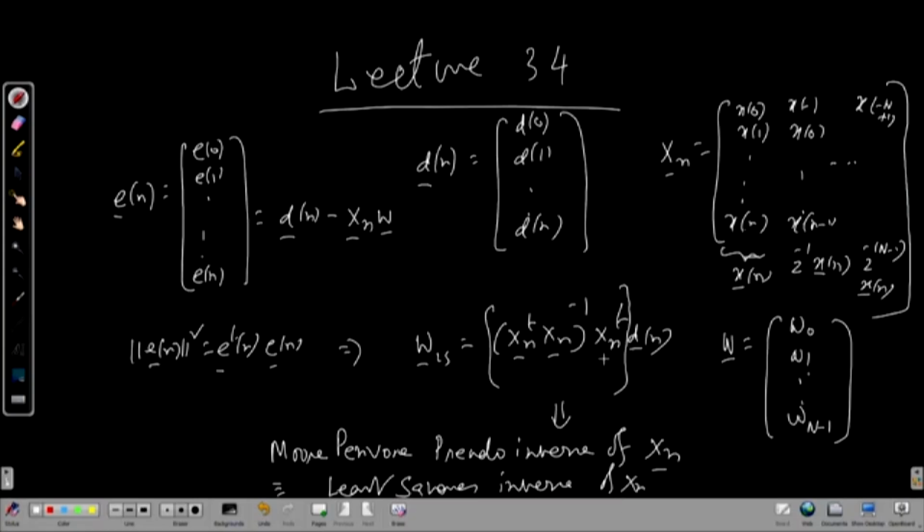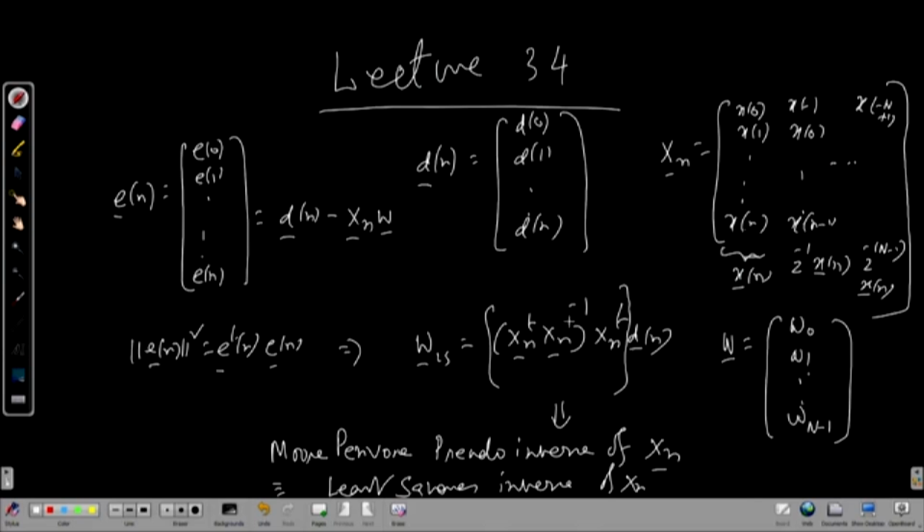What it does, this matrix, you are trying to make Xnw as close as possible to Dn, so that the error vector norm square is minimum. Then the solution we get is this.